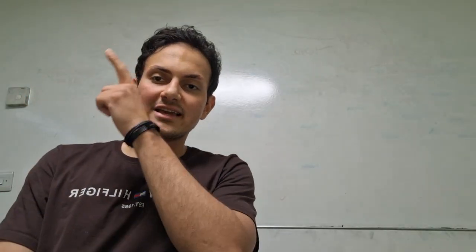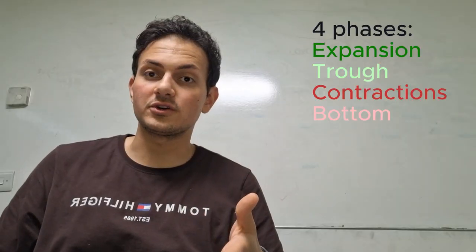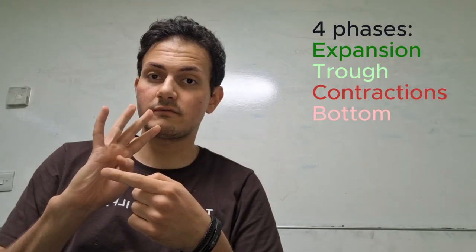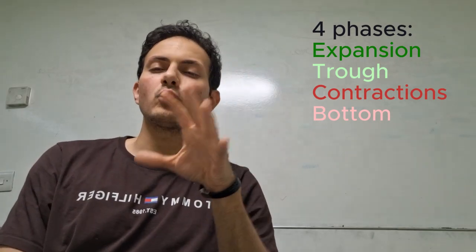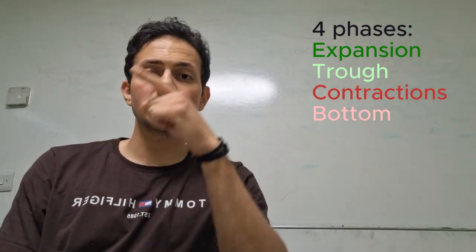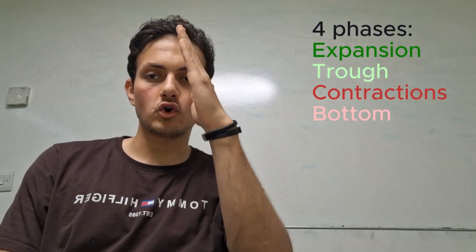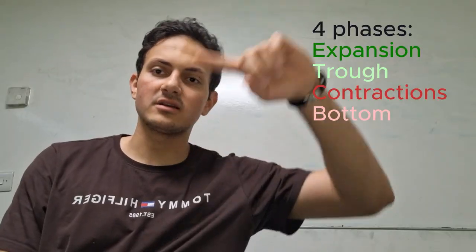The business cycle is the fluctuation in the business activity in a country. There are 4 phases of them. We'll just start with expansion, for example. So expansion, trough, contraction, bottom, and then expansion again.